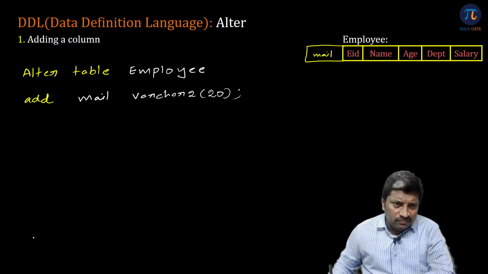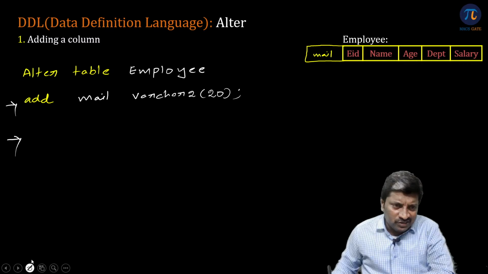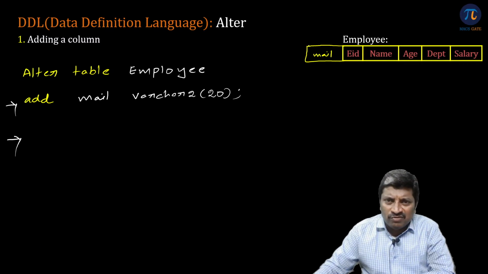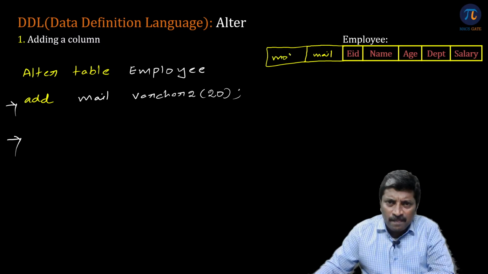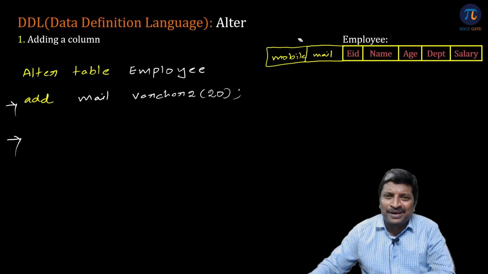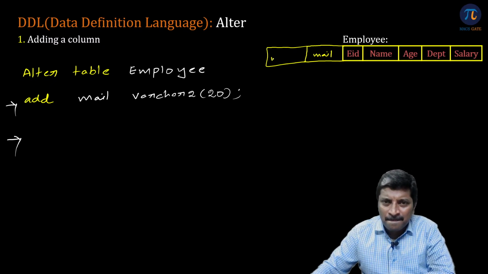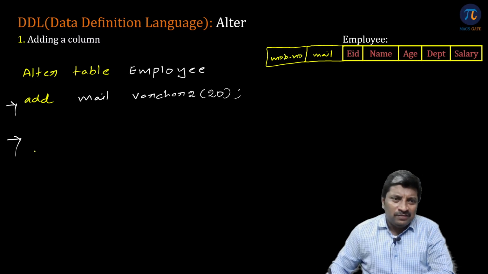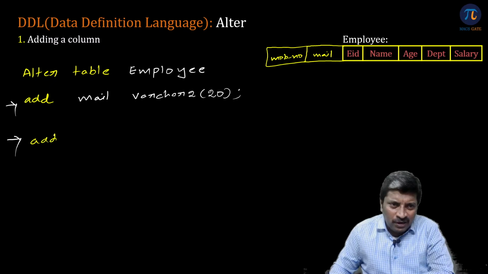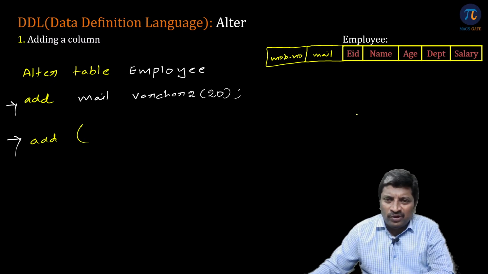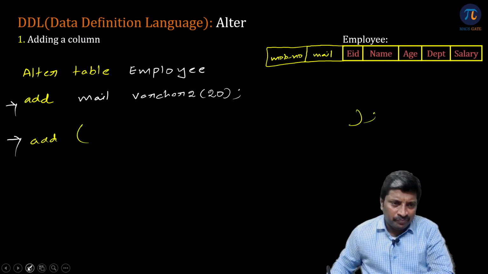Even you can add 2 columns at the same time. Suppose I have one more, mobile number. I think better to write like this, sir. Okay. Then the same thing you can do, sir. Add. I want to add two things at a time.